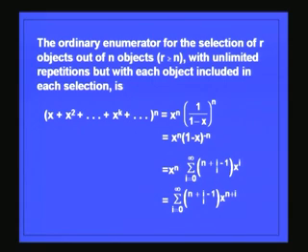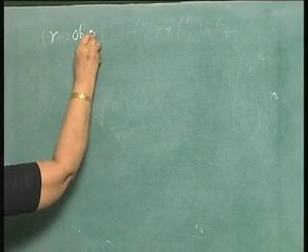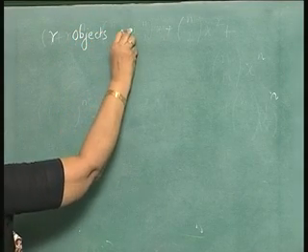So, you are selecting r objects out of n objects. What is the expression for this? This we know is C(n plus r minus 1, r).